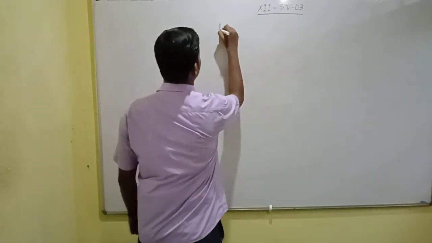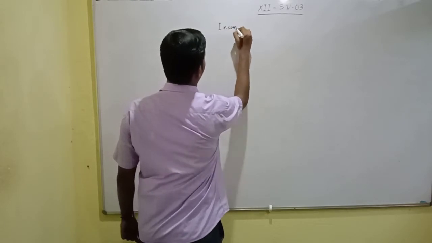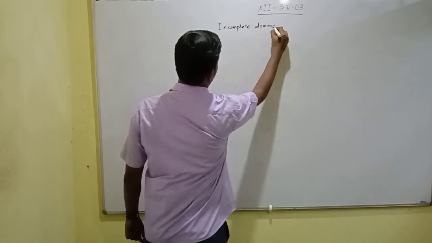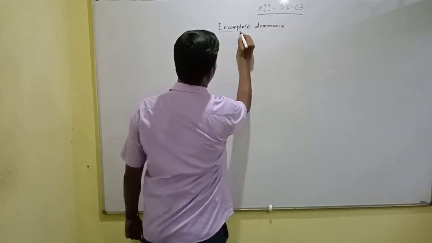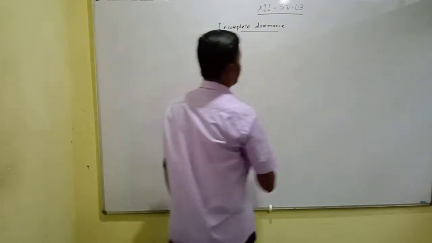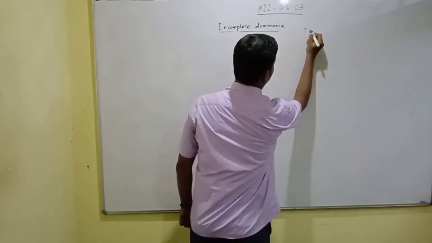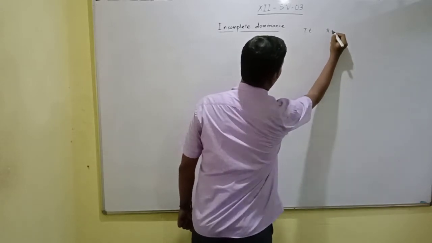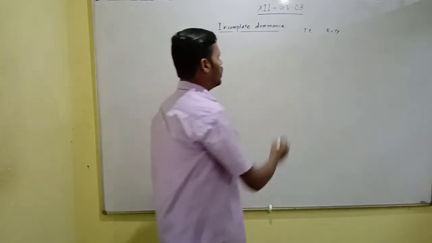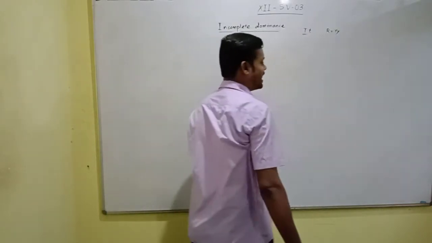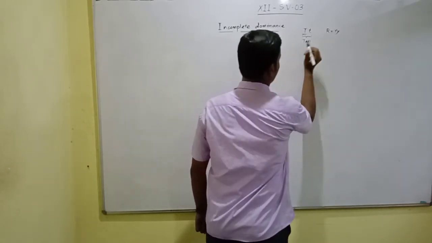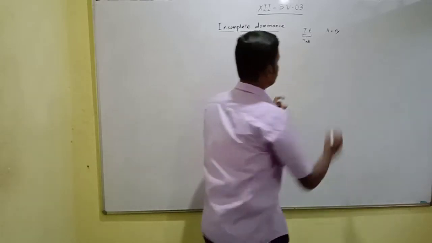So next part is incomplete dominance. Actually, the monohybrid cross and dihybrid cross prove that when 2 factors or more than 2 factors are present together, one of the factors expresses completely. So this individual is completely tall, showing one of the parents.